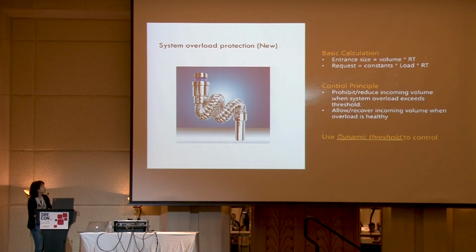So we can just simply map volume to load as a constant multiplied by load. The constant is decided by each application. So finally, we get a formula for our system: the requests we allow coming into the system equal a constant multiplied by load, divided by response time.